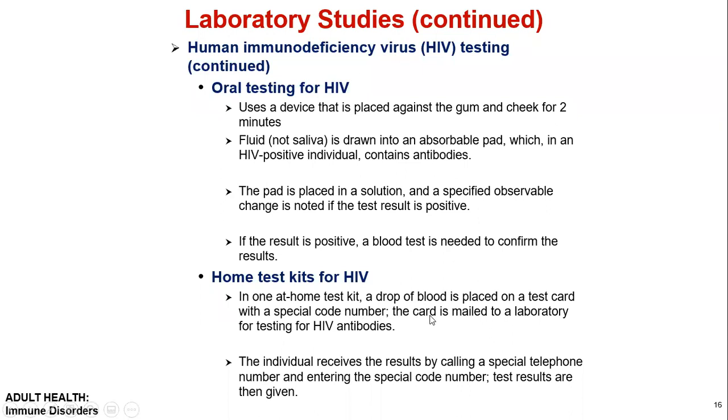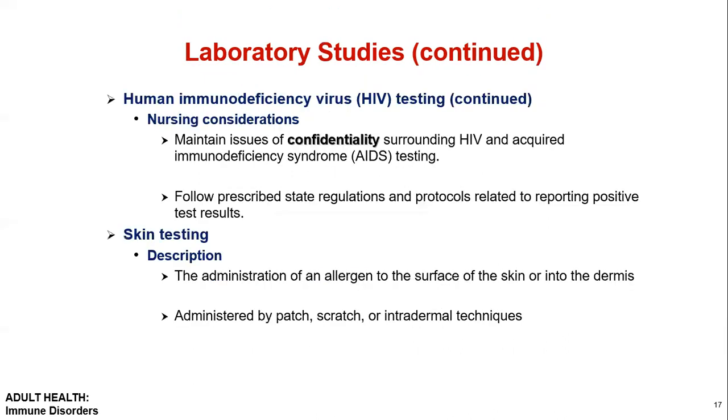The card is mailed to the laboratory for testing for HIV antibodies. So the individual receive the result by calling a special telephone number and entering the special code number as well. So it is actually maintain the patient privacy.